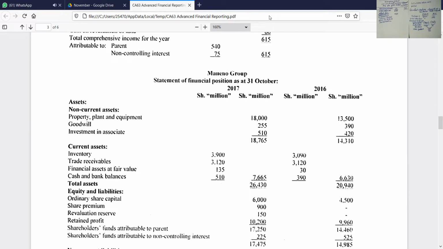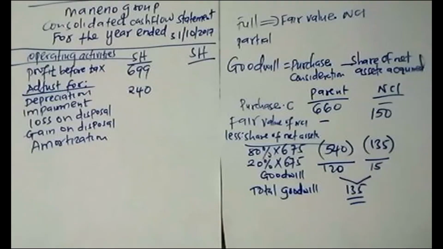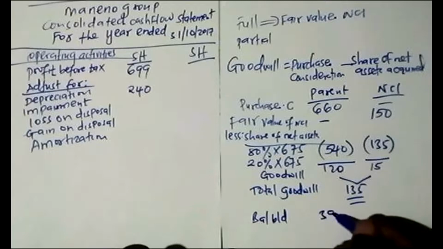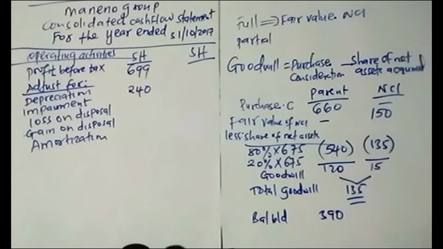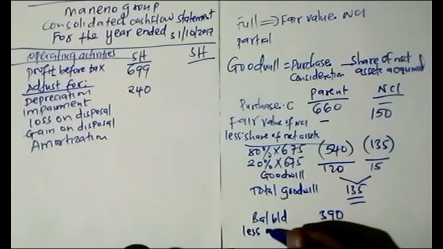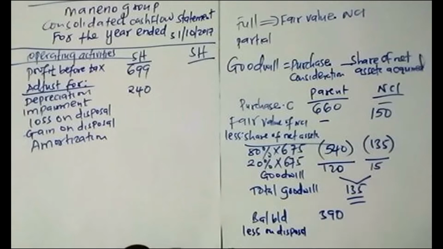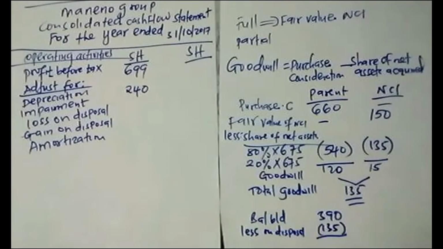So the balance brought down of this goodwill was 390. I have to subtract on disposal of the subsidiary, which was 135, since the disposed subsidiary had a goodwill of 135.